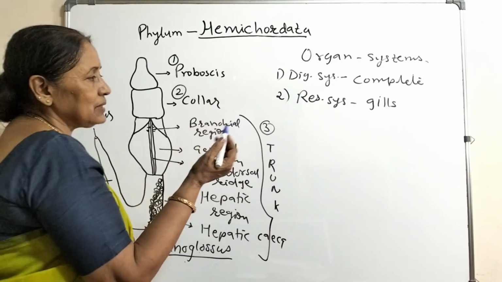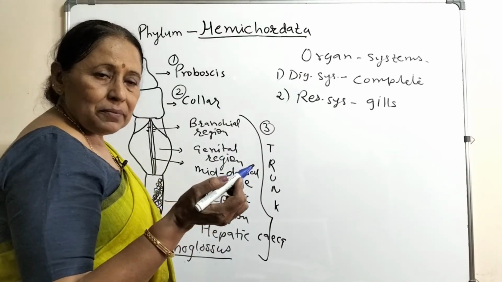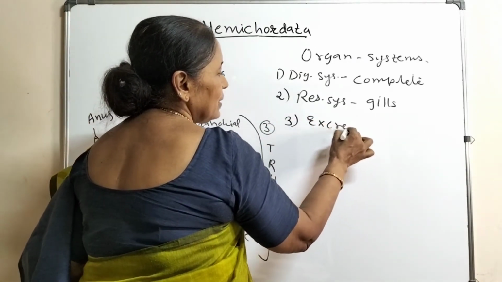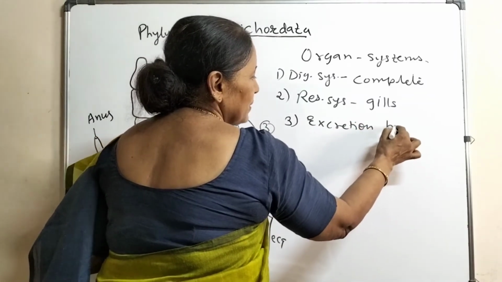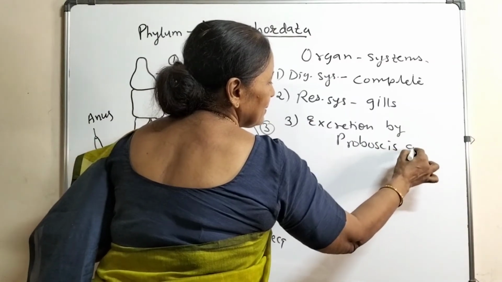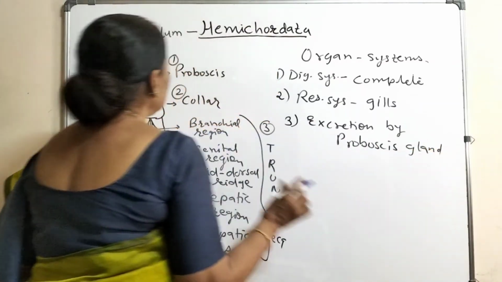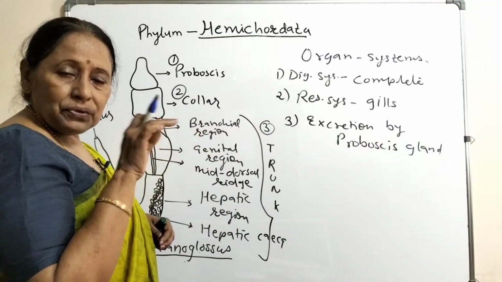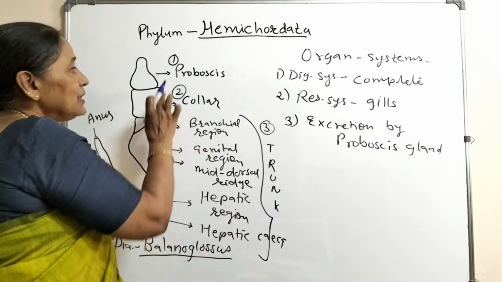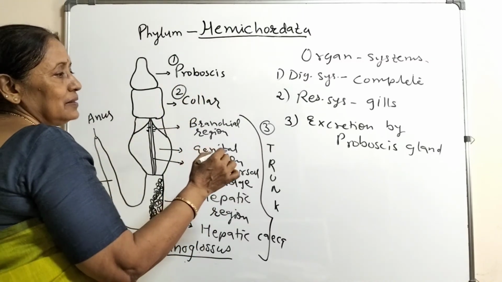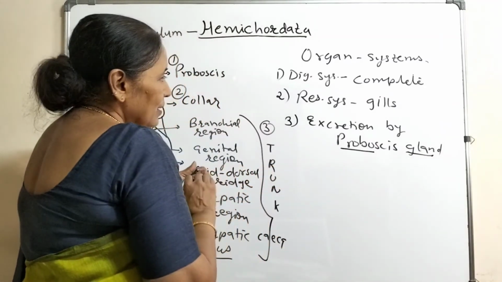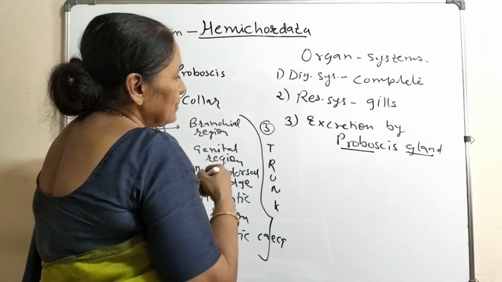So digestive system is complete, respiratory system is by means of gills, and excretion is by proboscis gland. Proboscis gland means it is present in the proboscis. With the help of this proboscis, it forms its burrow, and this proboscis also has the organ of excretion, that is proboscis gland.